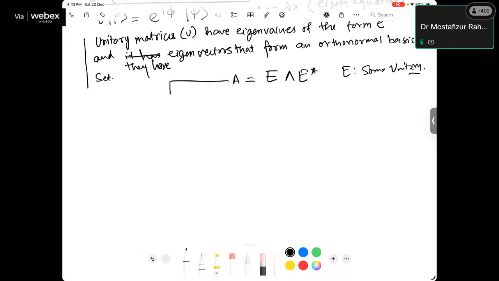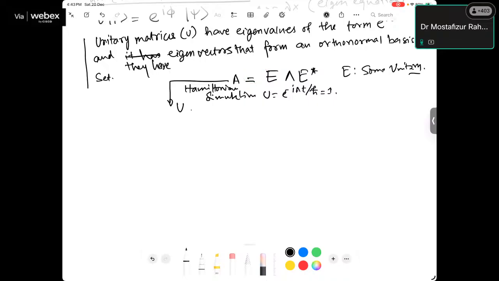Now this A can be converted into U using the Hamiltonian simulation protocol, where U equals e to the power iAt, with Planck constant h bar, but you can take it as 1, for example.